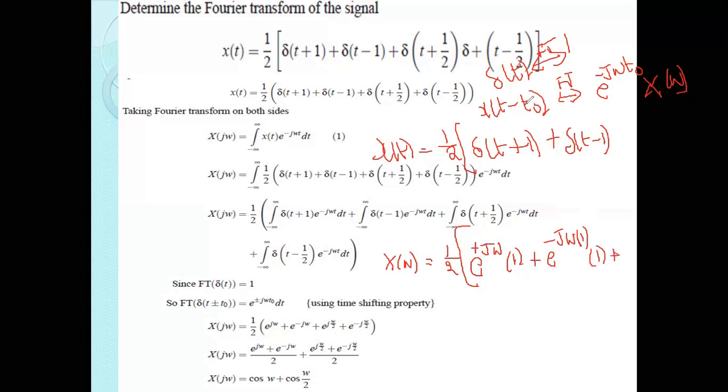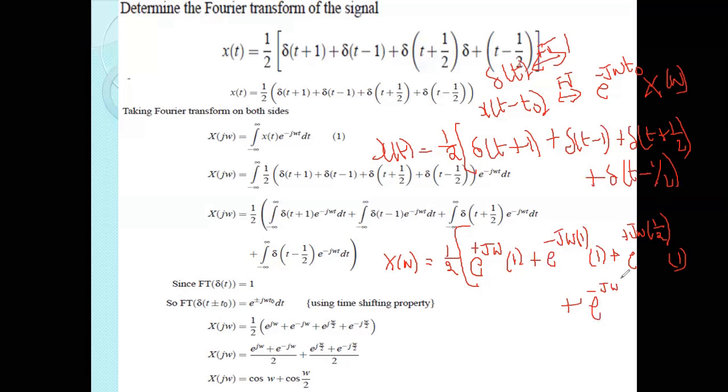Plus, the third one is delta of t plus 1 by 2. So e power plus j omega into 1 by 2 into delta of t, the value is 1. Plus delta of t minus 1 by 2. For this, e power minus j omega into 1 by 2, the delta function's Fourier transformation is 1.